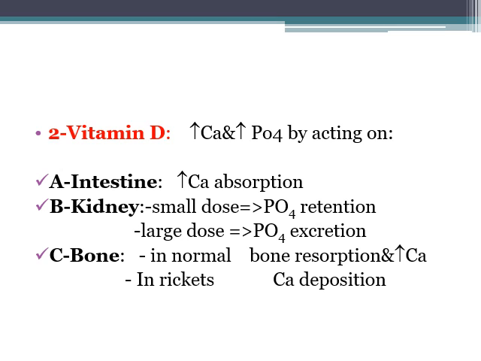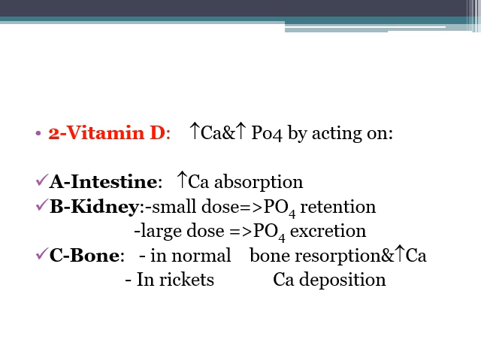Second, the vitamin D. Vitamin D, its main source is from the sunlight. Vitamin D also has impact to maintain the calcium level in this range by acting on the intestine, the kidney and the bone. Its action on these organs increases serum calcium and increases serum phosphorus.